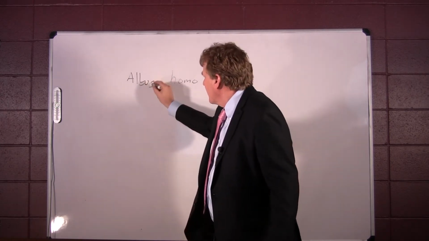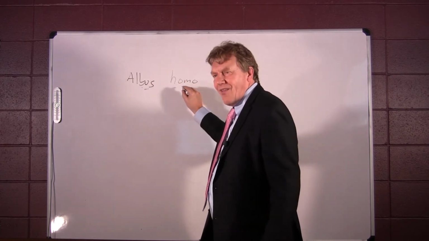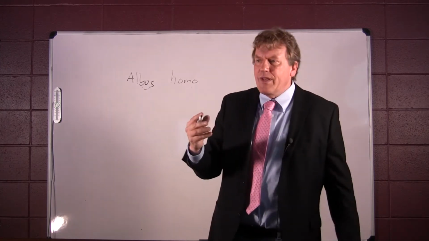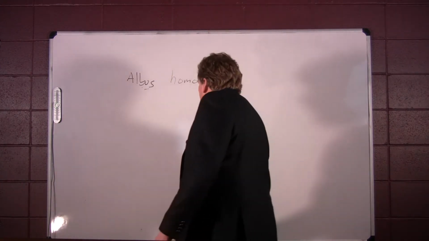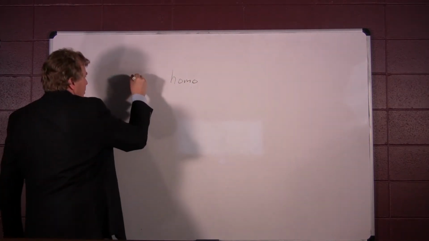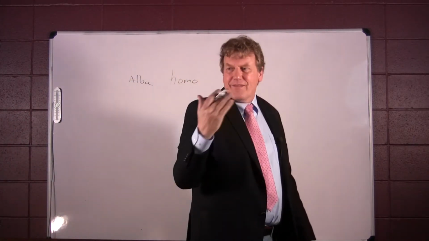I'm now restricting it because this is masculine. That means a white male. So of the class of all men and women, I've now restricted it to white men. If I put alba up here, I've restricted it to white women, right? Alba. That's how it worked.